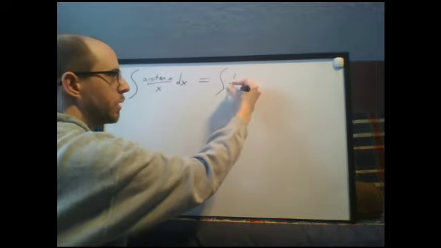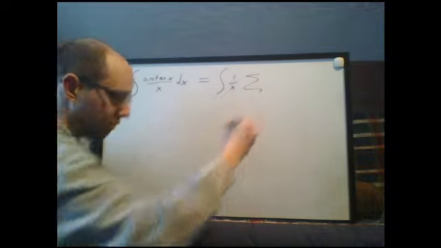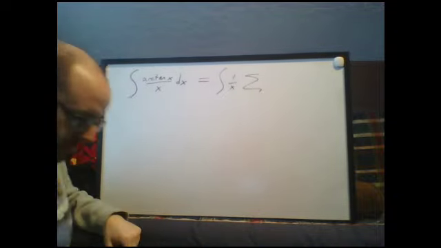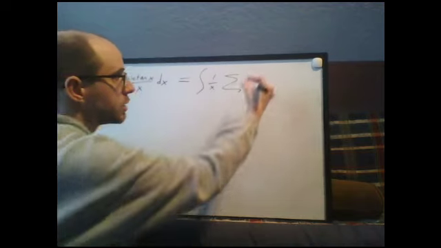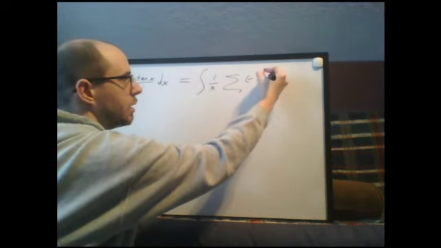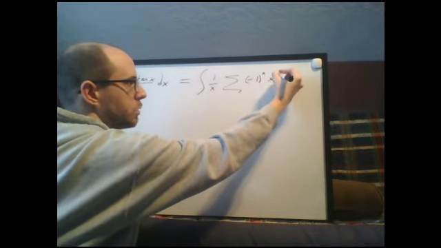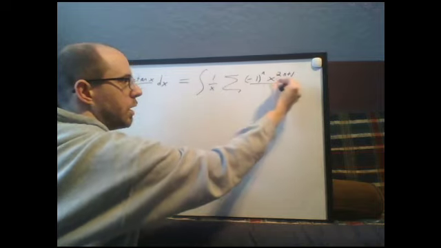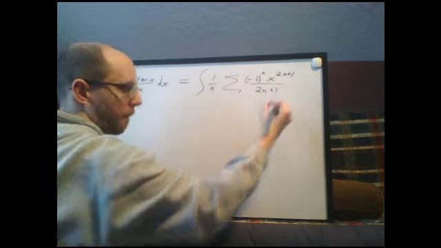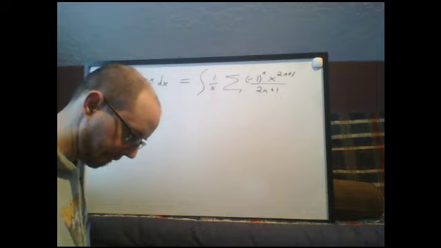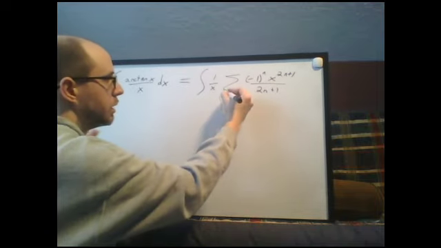Let me write 1 over x out front. Summation of arctangent x. I just erased it. This was negative 1 to the n times x to the 2n plus 1 divided by 2n plus 1, n equals 0 to infinity.